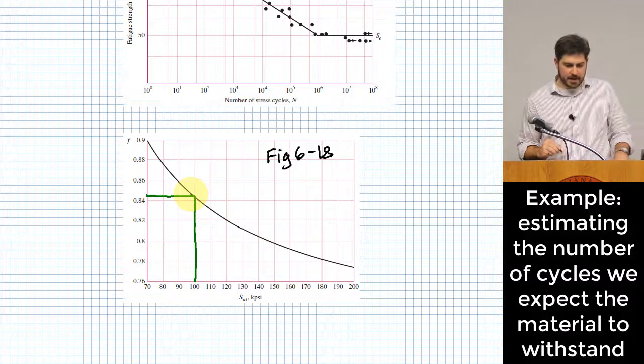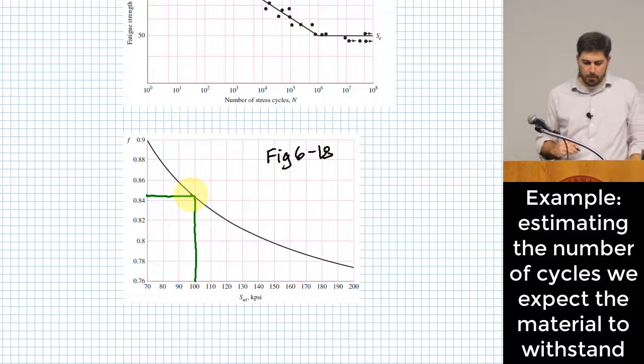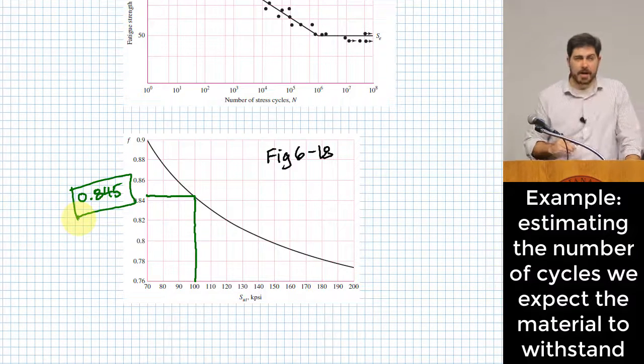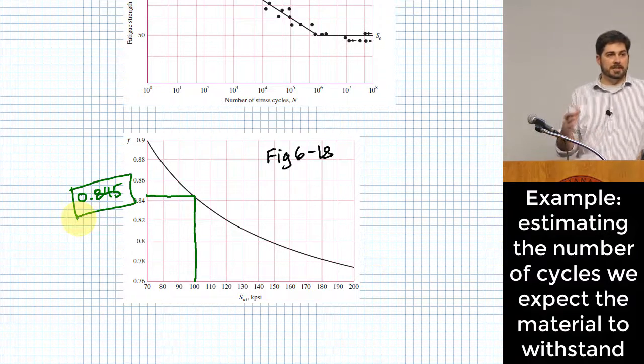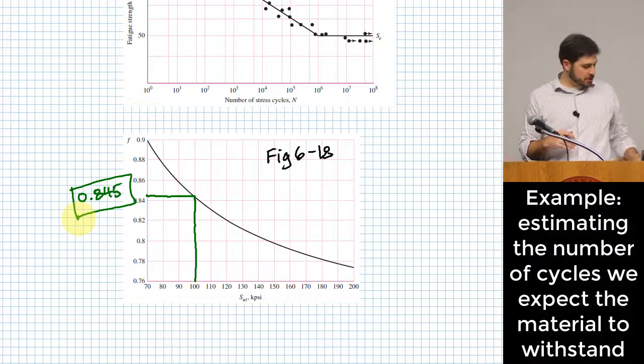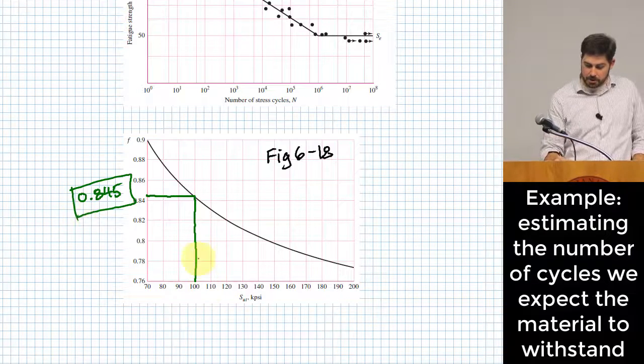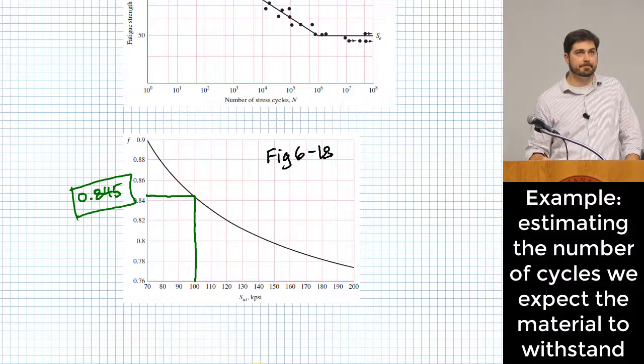It's roughly right there, and I picked off 0.845. Keep in mind, if you want more accurate values of F, you can always get them by repeating the procedure shown on page 292. A lot of these problems I use this chart because it's a quicker way to get it.